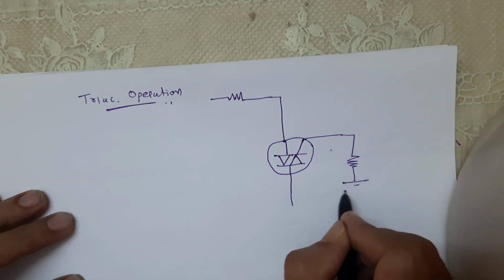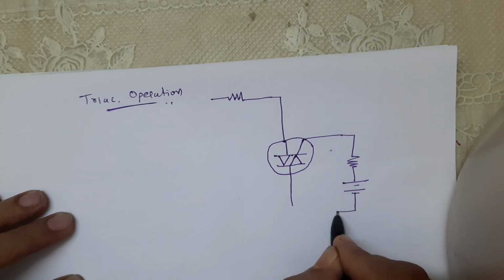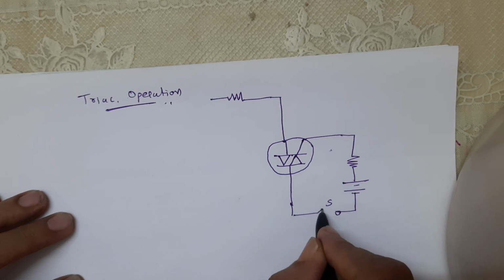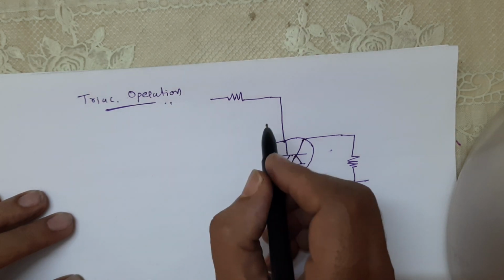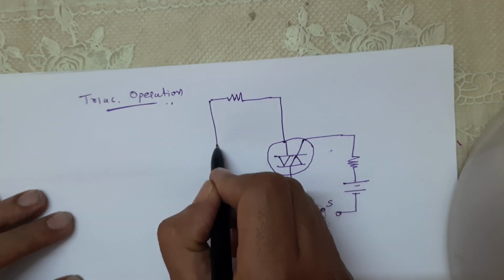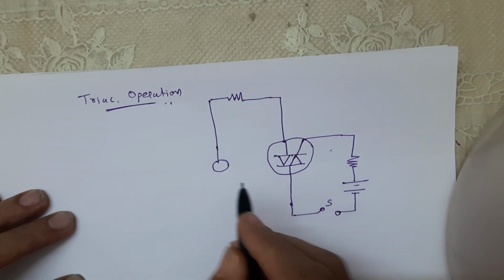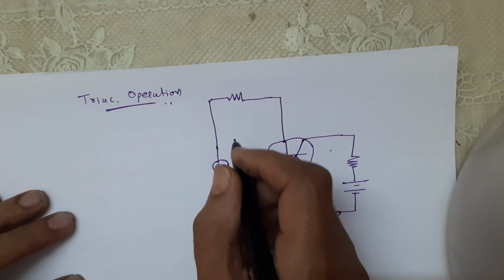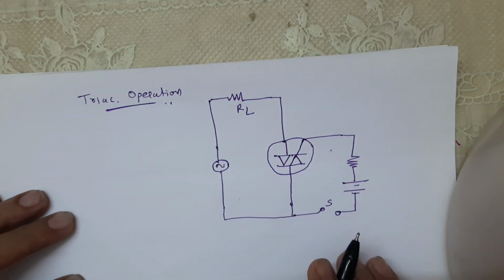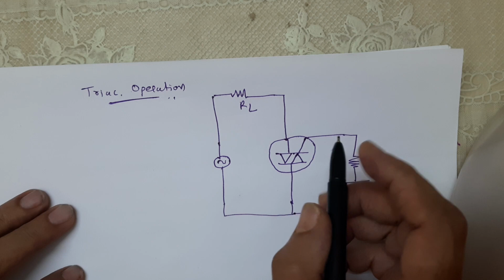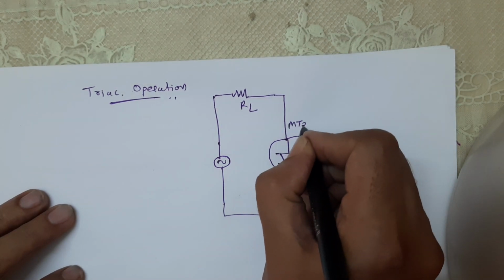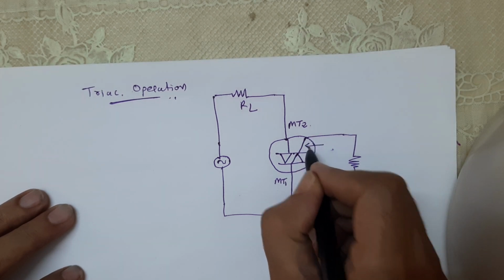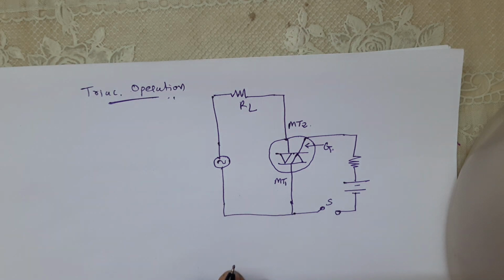Then the gate supply, and this is your switch S. From the load RL, this is your AC source, and we draw the symbol. This is your triac. So we can write this terminal is MT2, this terminal is MT1, and this terminal is your gate terminal.